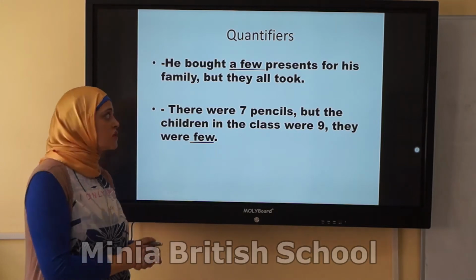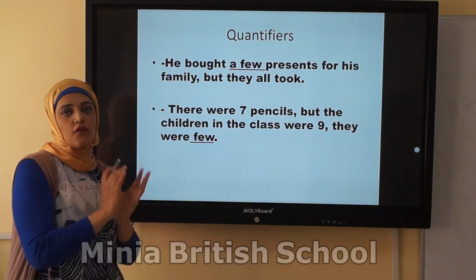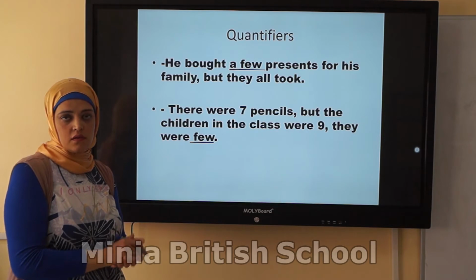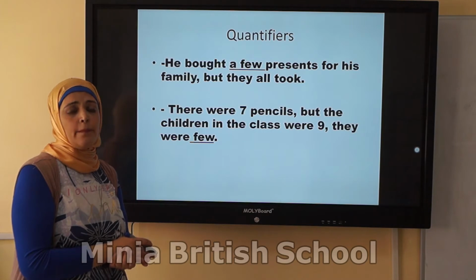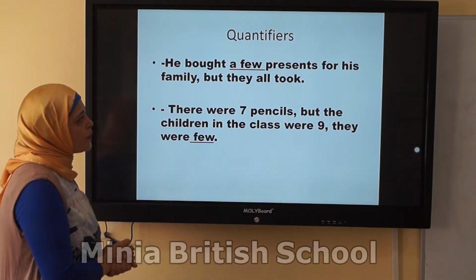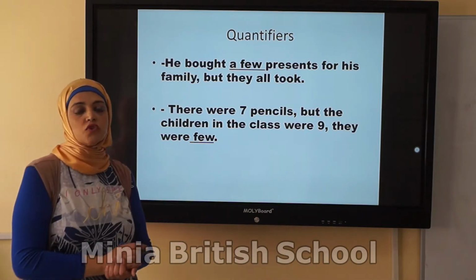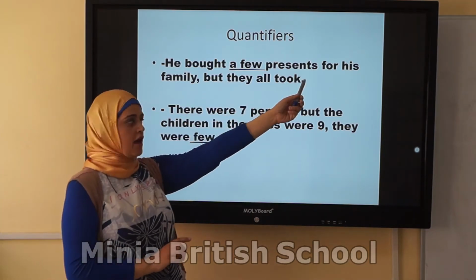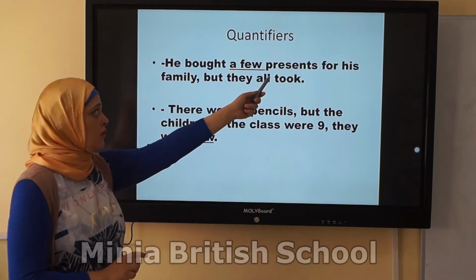But when we use few and a few, it means we have some things. It means they are not many. For example, he bought a few presents for his family. After a few, is the noun counted or uncounted? It is counted.